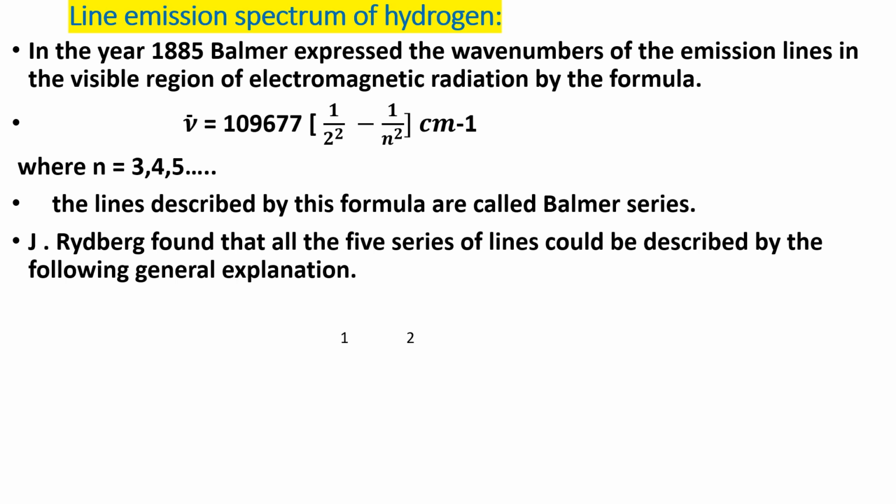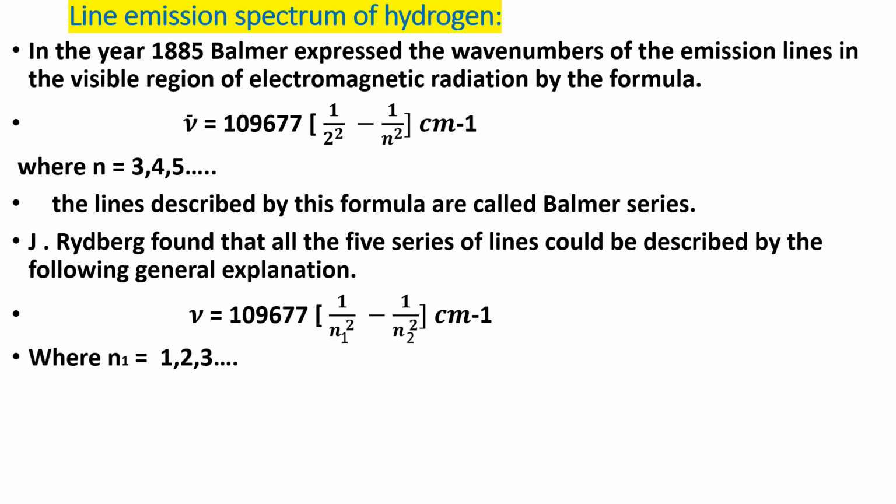After this, J. Rydberg found that all the five series of lines could be described by the following general expression, that is nu is equal to 109677 (1 upon n1 square minus 1 upon n2 square) cm^-1, where n1 is the constant.